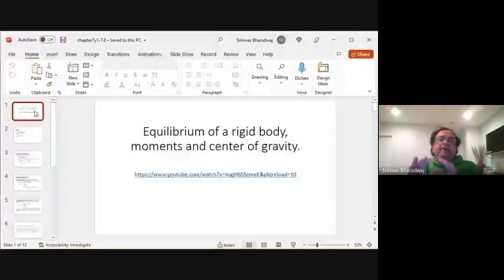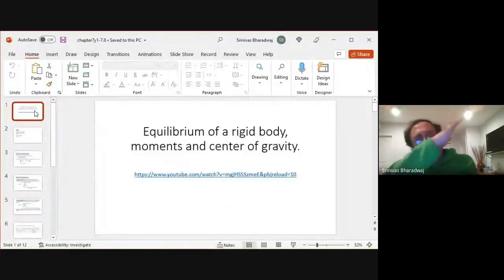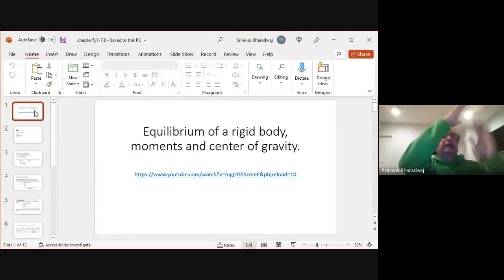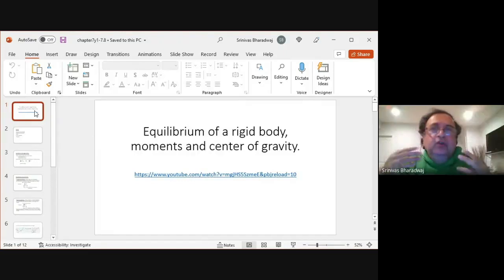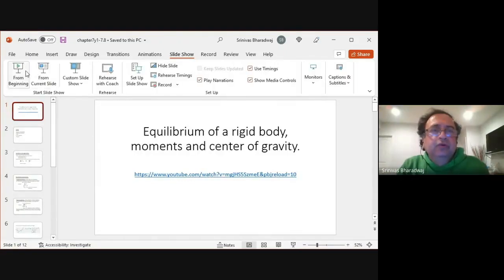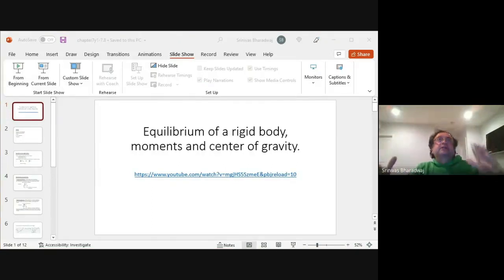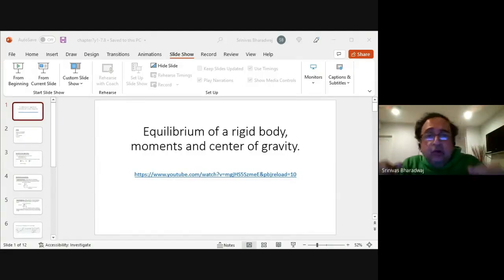When you have a rigid body like a ladder kept against a wall, or struts in a building, you do a lot of these questions in engineering mechanics. In all these cases, in addition to a force equation, you also have to take moments.